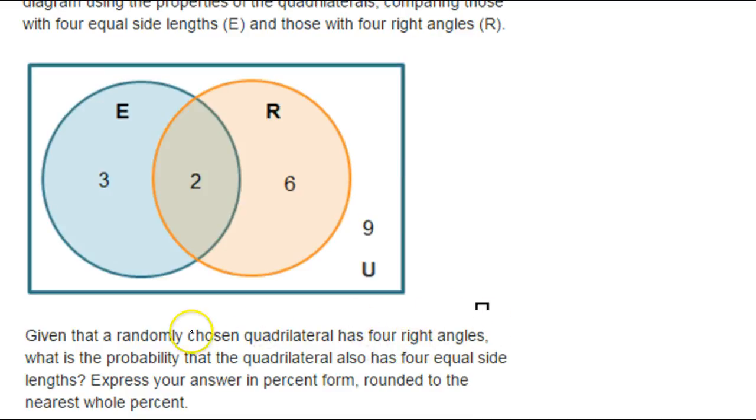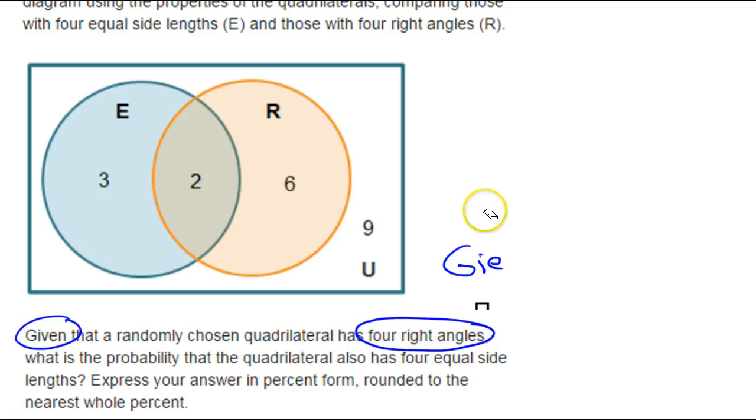Okay, so given 4 right angles, that's R. So we are being given R. That means we're living in an R universe.